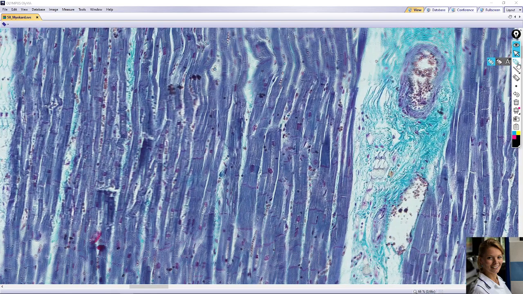So here it's lipofuscin, also here, but erythrocytes inside the capillaries are yellowish or reddish. Here are erythrocytes inside the capillaries.